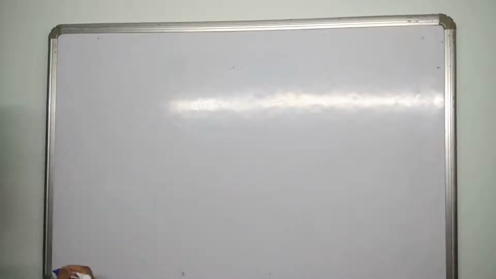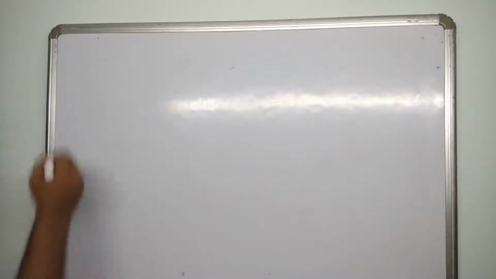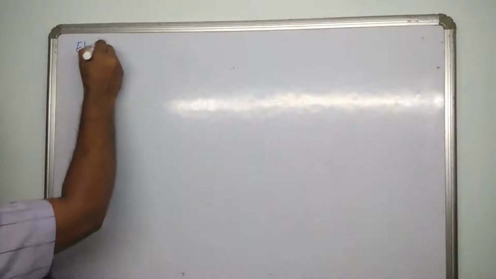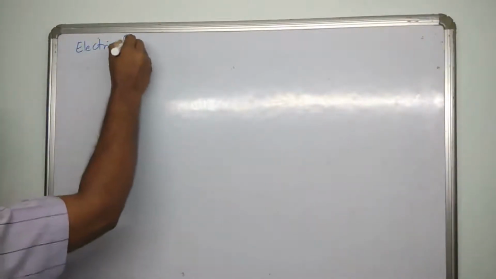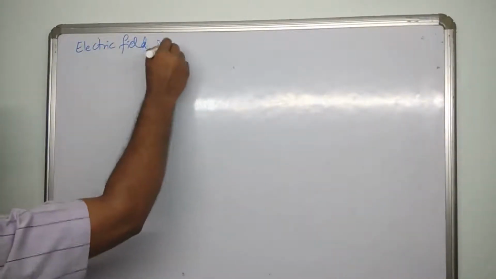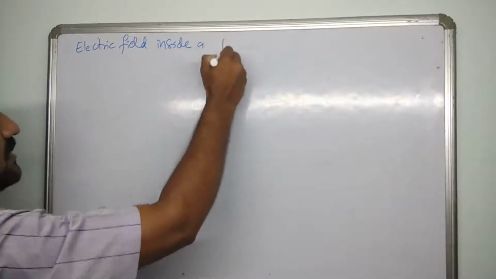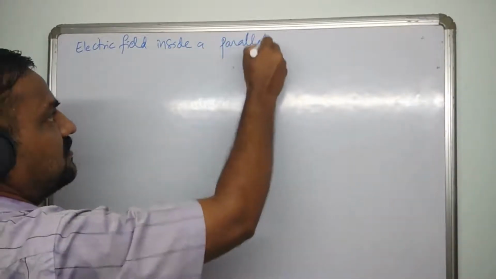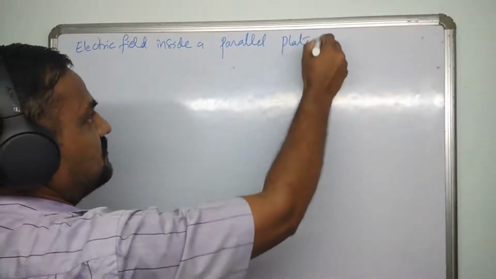Now, the next article is electric field inside a parallel plate capacitor.